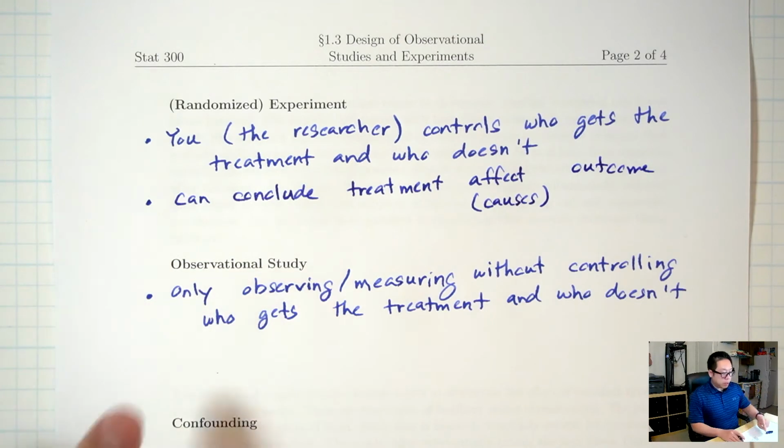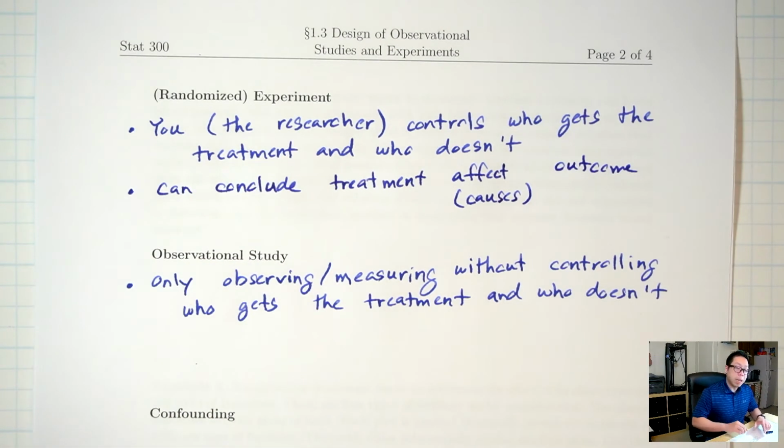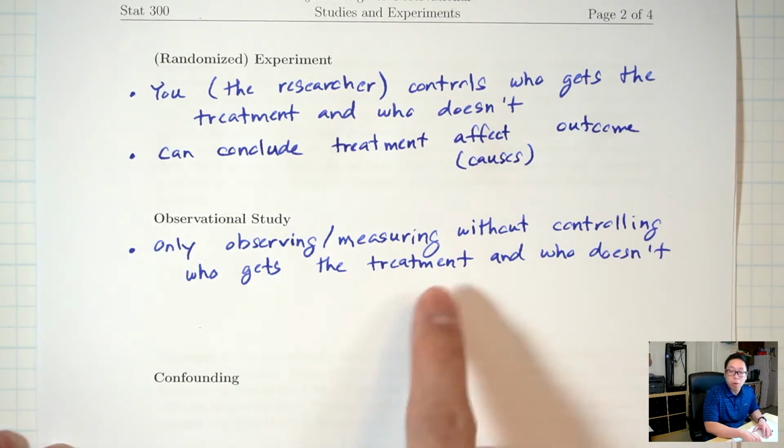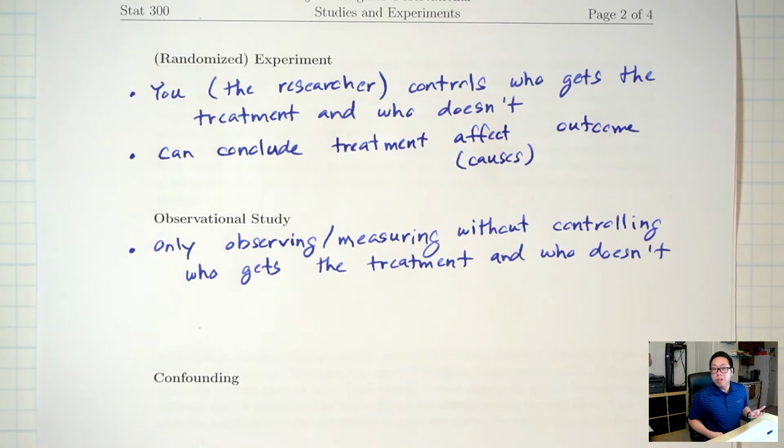And this is different than an observational study. So in an observational study, you're not choosing who's in the treatment group and who's in the non-treatment group. The people are coming to you already in the treatment group or the non-treatment group. So those 2 groups might be different. And because they might be different, if you see a difference in the outcome, you don't know whether it's because of the treatment or whether it's because of these other differences.